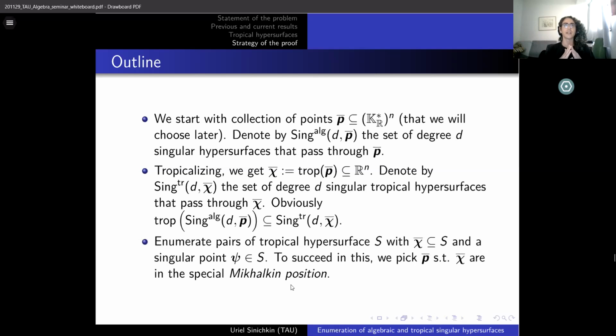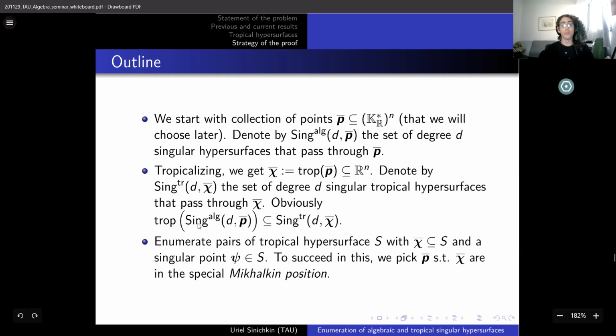And this makes the tropical hypersurface what is called floor decomposed. It has some nice structure that we can work with, and in this structure we can enumerate all the graded circuits. And for that we need to enumerate not only the tropical hypersurfaces, but the pairs of a tropical hypersurface with a tropical singular point.